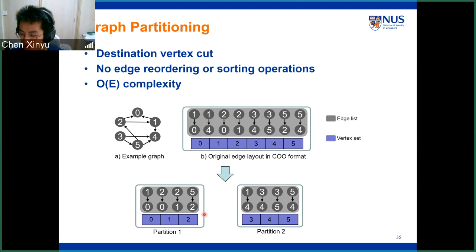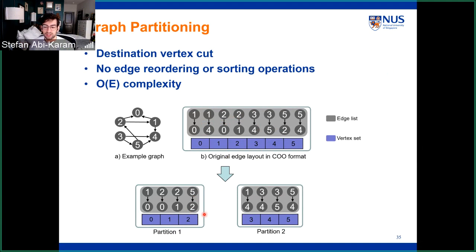Yeah, for example, if some nodes have very high in-degree, you might have to pad a lot in between your partitions, because you might be missing a chunk where you cannot fill the rest of the edges with another destination node.